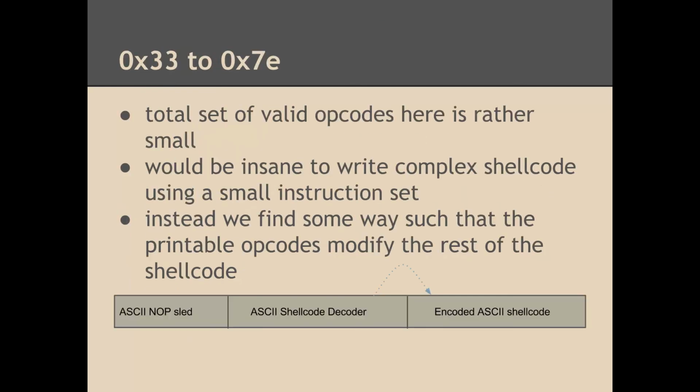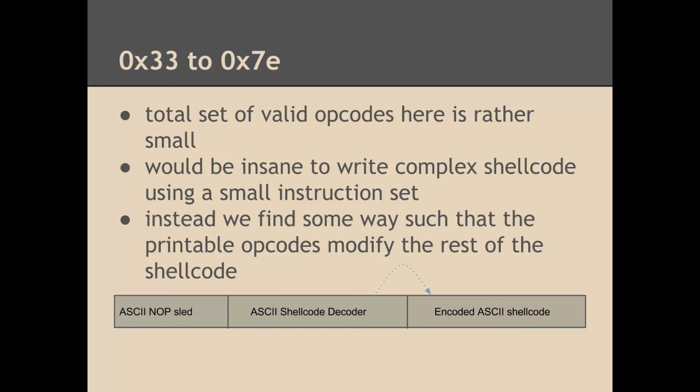It would be pretty insane to do it a different way and, for instance, write very complex shellcode using that tiny instruction set. And I have some slides here demonstrating just how complicated that would be just for NOPs and for zeroing things out.